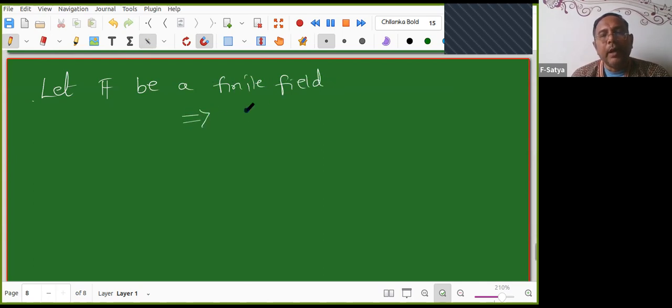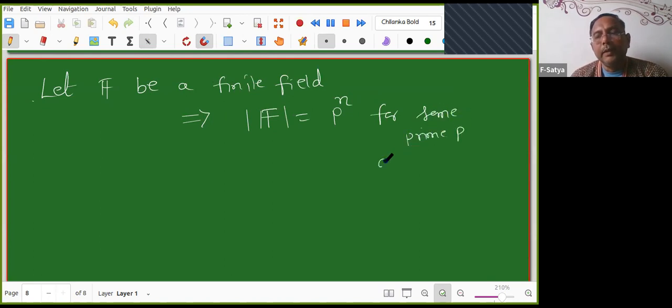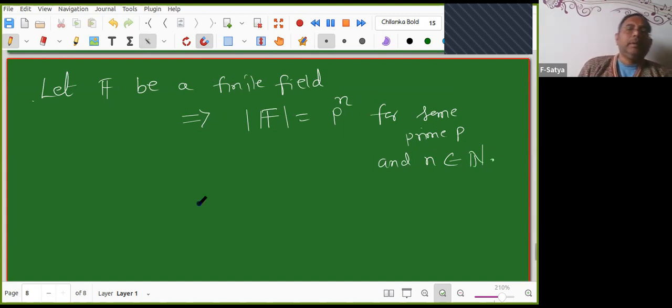This implies the order of F equals p to the power n for some prime p and natural number n. Is the statement clear?